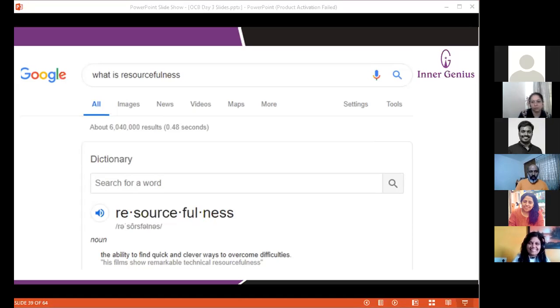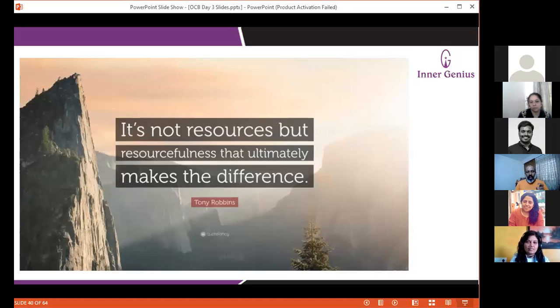All right. Within a minute, I'm going to give how to become resourceful, but let us understand resourcefulness a little better. Tony Robbins says that it is not resources, but resourcefulness that ultimately makes the difference. The three resources, once again, I'll say, are time, people, and money. These are the only three resources that are available in the world.